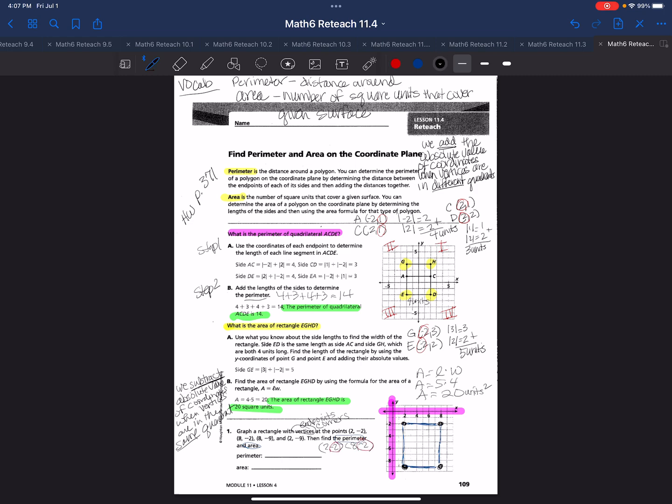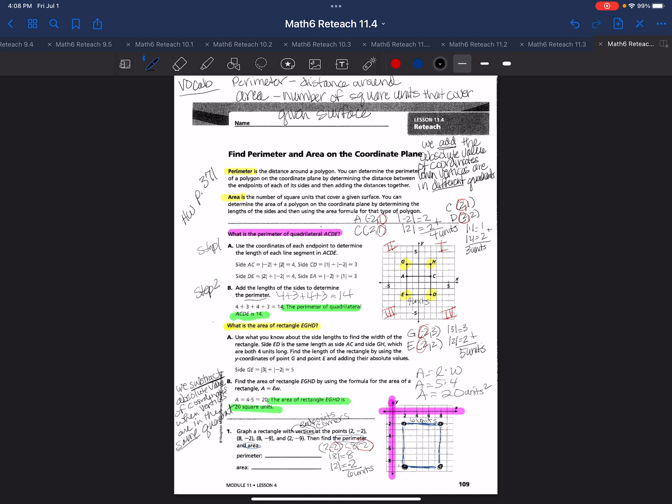So I need to take the absolute value of 2, the x value, and 8. Sorry, the absolute value of 8 and the absolute value of 2. And I need to subtract these, so I get 6 units. So I know that this is 6 units.